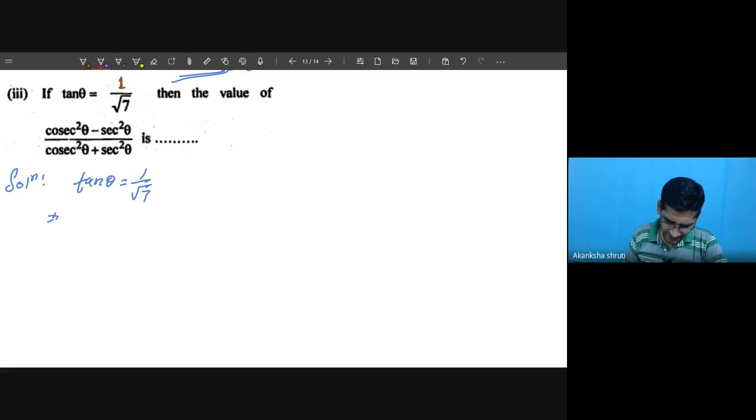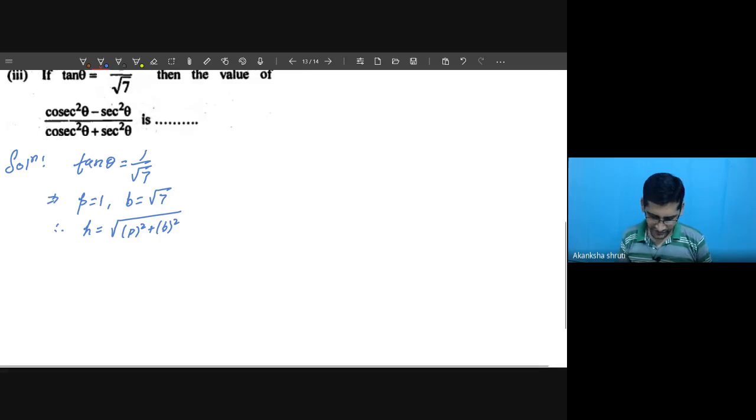Then it simply means our p is 1 and b is under root of 7. Therefore our h is calculated by adding their squares, then taking the square root.